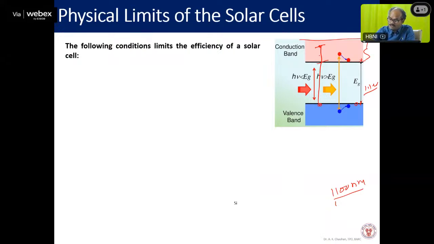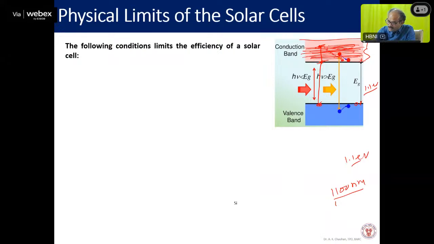So the electron will accept this energy, which is more than 1.1 electron volt. It will reach here, and whatever extra energy is there, it will actually reach up to this point. In the conduction band, as we learned, it is continuous, so all energy levels are possible. So it may slowly, by losing energy, fall to this point.